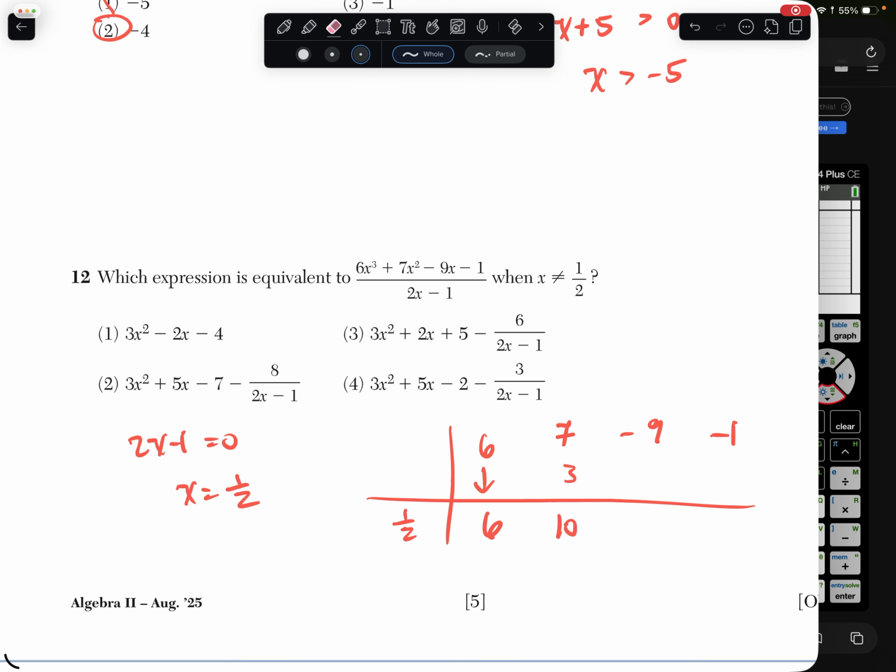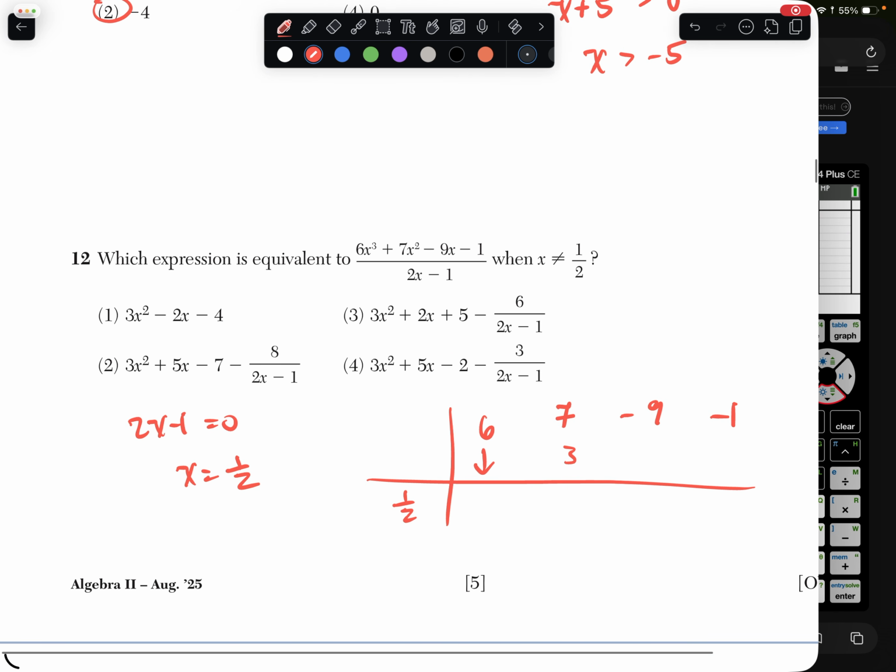Hold up. Am I doing this wrong? Okay, wait.